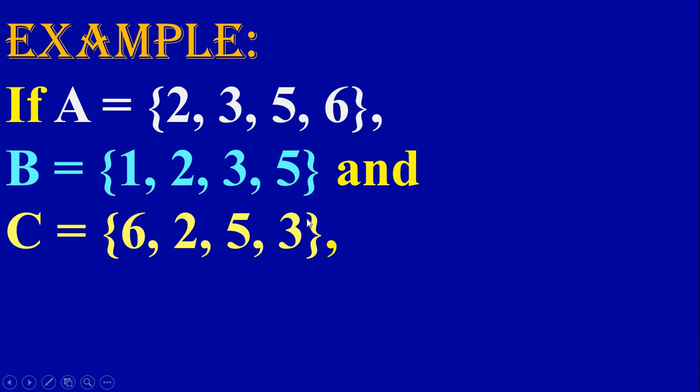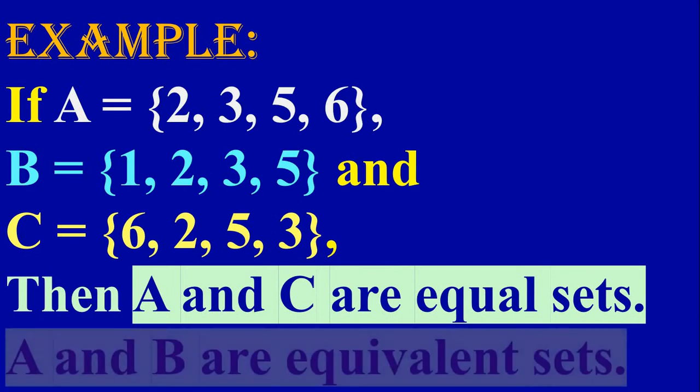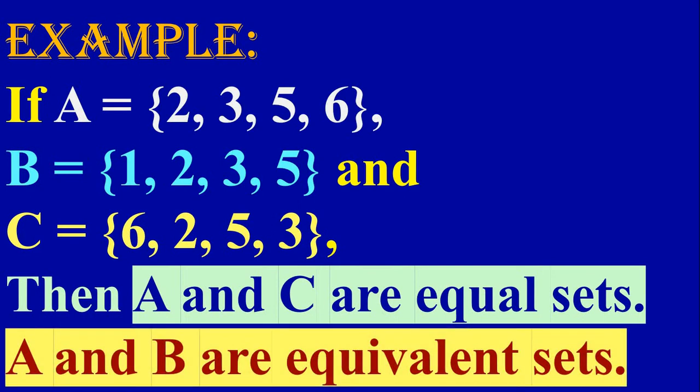The total number of elements is the same. But here all the elements are the same: 2, 3, 5, 6. Here also 2, 3, 5, 6. A and B are only equivalent sets. And A and C are equivalent sets. Also they are equal sets. So here A and C are equal sets and A and B are equivalent sets. All equal sets are equivalent sets also, but all equivalent sets are not equal.